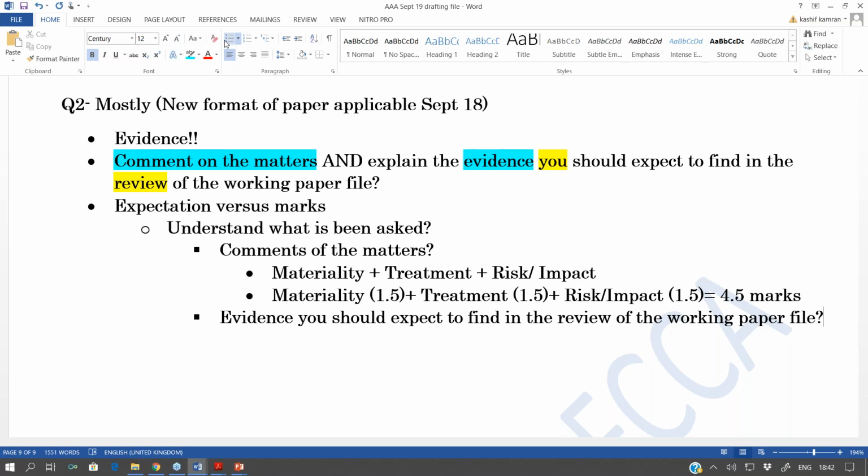Now, you have a working paper file in front of you, and you are reviewing the working paper file of your junior or your senior, and what evidence should you expect to find in it? So try to imagine a file in front of you and imagine you are a manager.